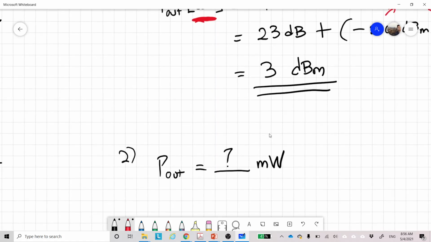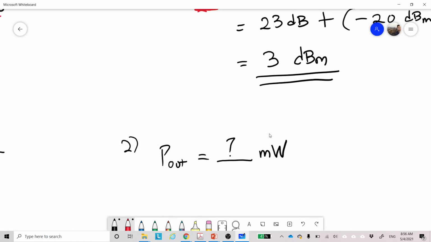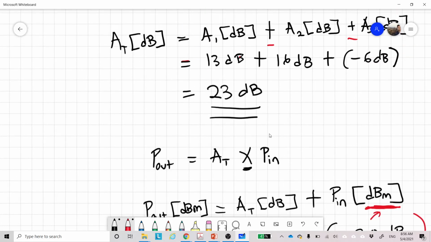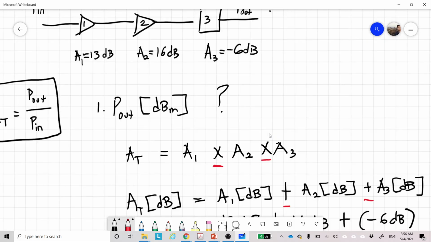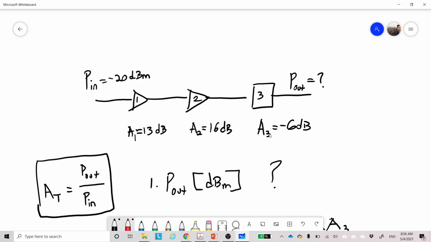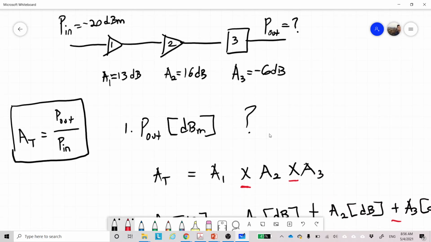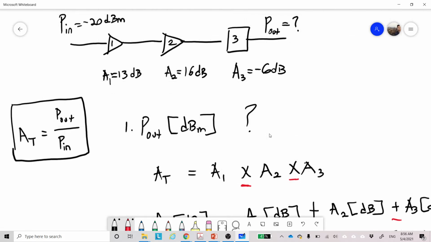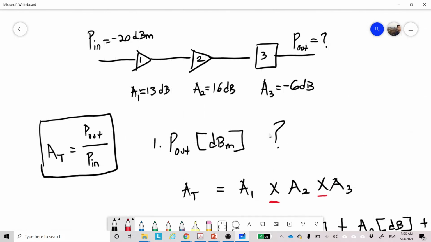Okay, so in this case you need to change the whole thing, or you just need to convert. So I will show you the difficult part.